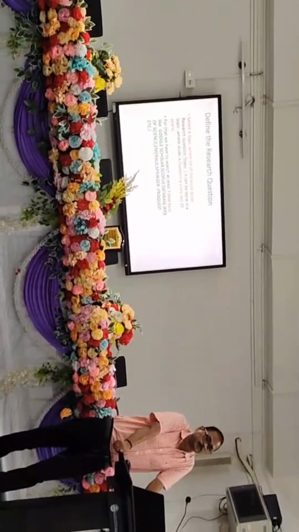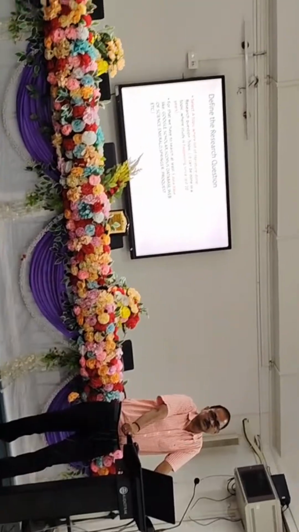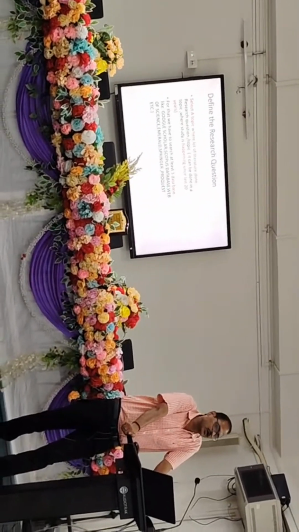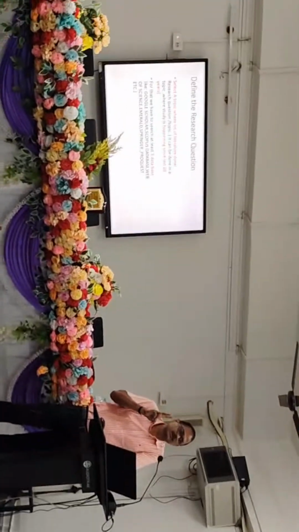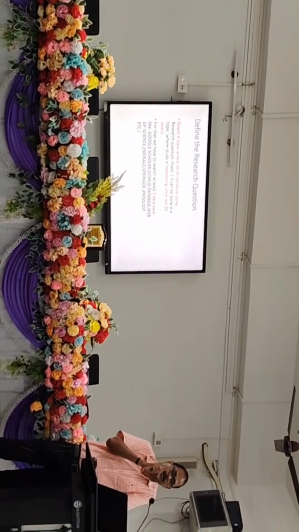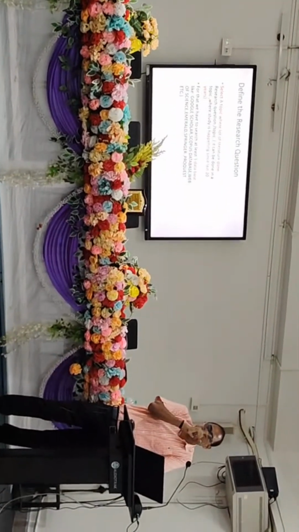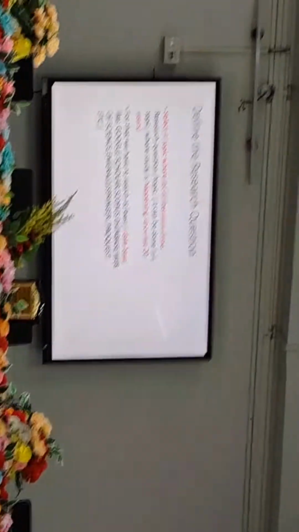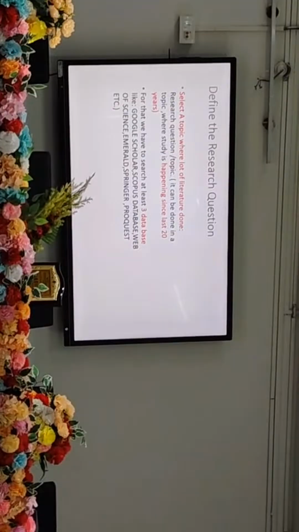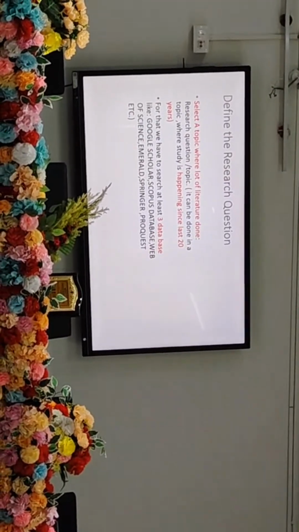Then you have to search literature. When you search literature, various databases are available. Out of that, at least one important database you must cover, either Scopus or Web of Science or ProQuest, and Google Scholar.